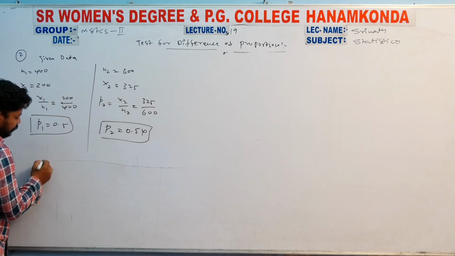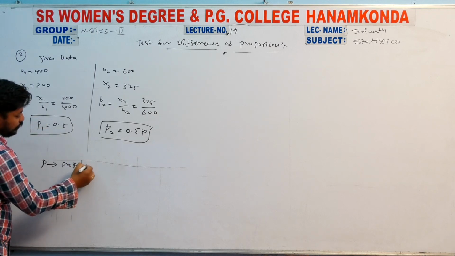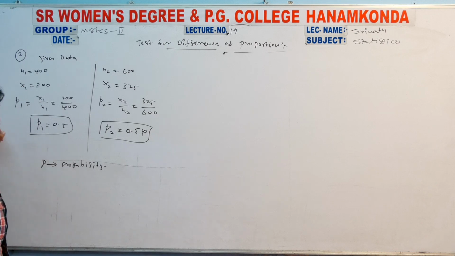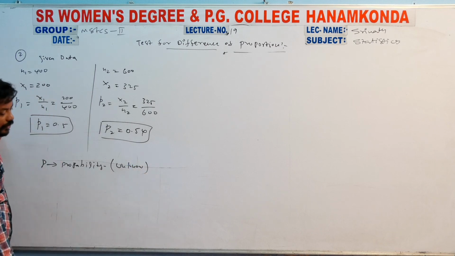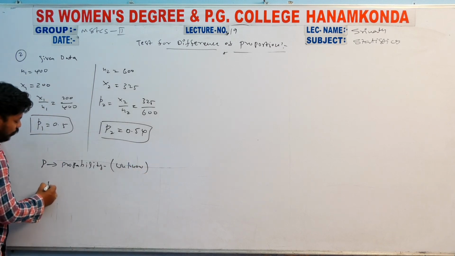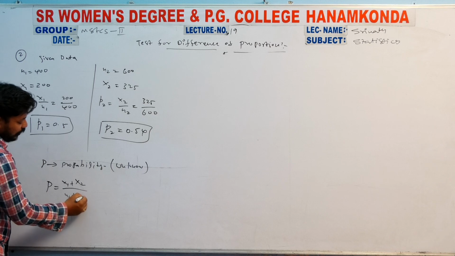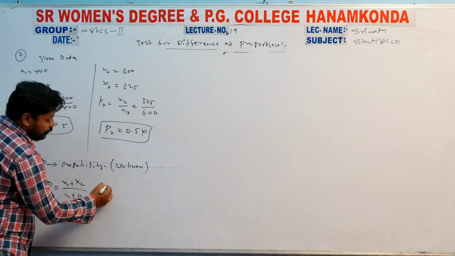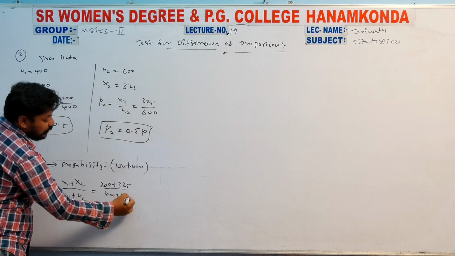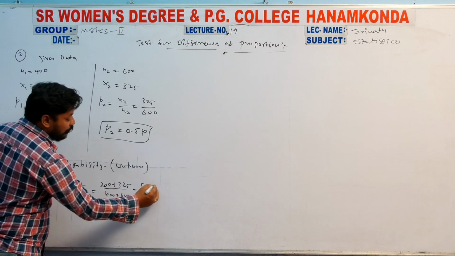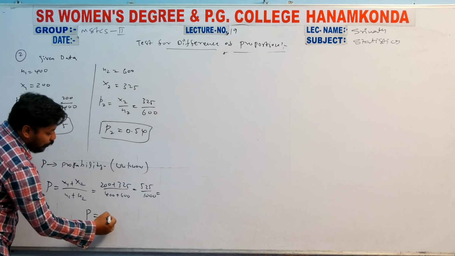And the probability P is unknown. For the unknown term, we use the formula: P is equal to X1 plus X2 by N1 plus N2 is equal to 200 plus 325 by 400 plus 600 is equal to 525 by 1000, so the capital P value is 0.525.